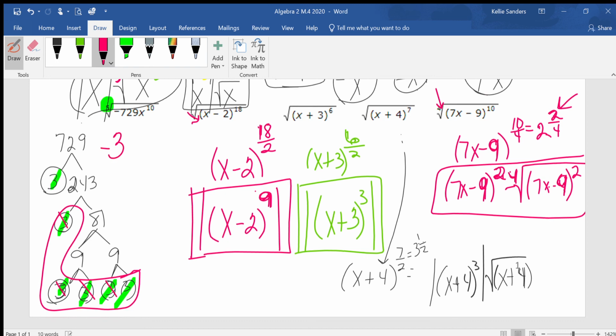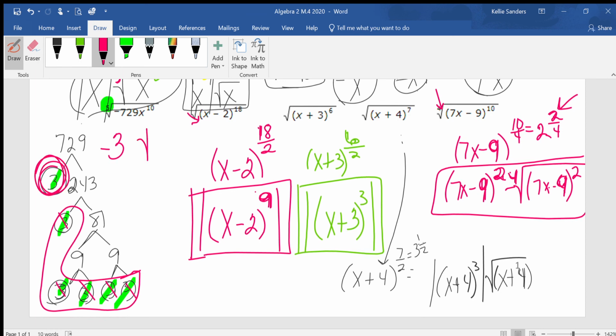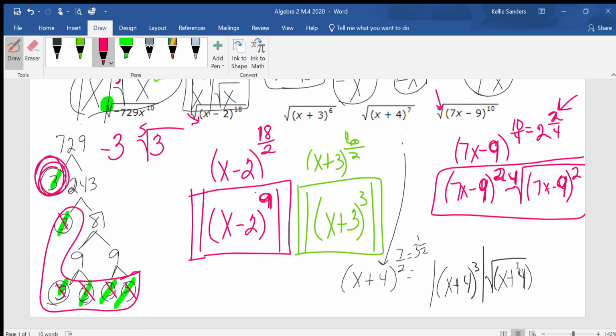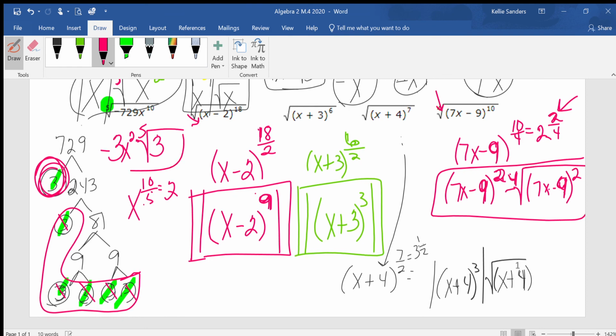Gone, gone, gone, gone, gone. This 3, 5th root, we'll always keep a root, stays on the inside because it didn't have a group of 5 to go with. And then we have x to the 10 over 5, which is 2, which makes x squared, with no x's left to stay on the inside. So that would be your answer.